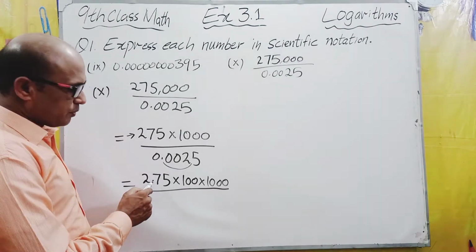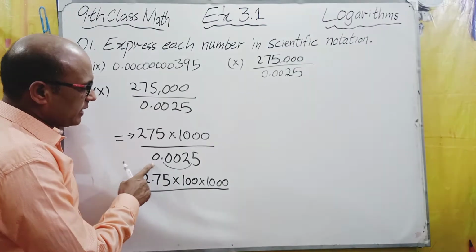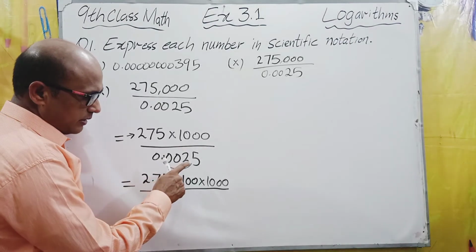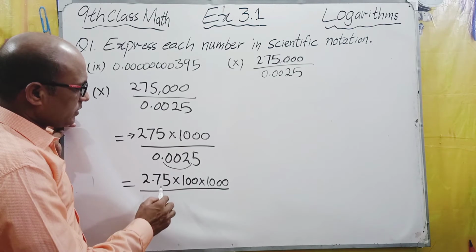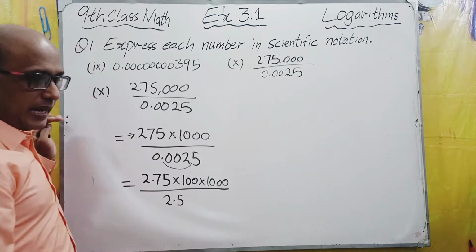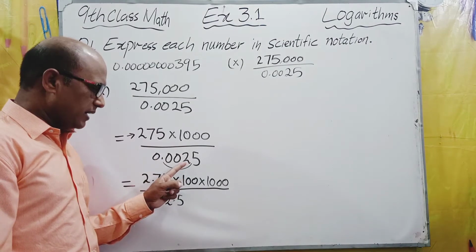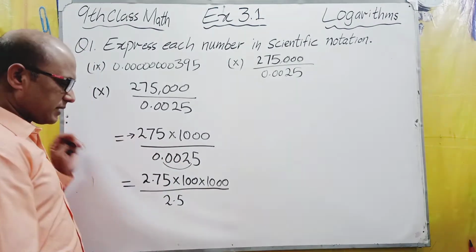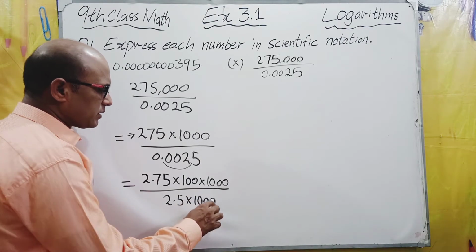After 2 we put this decimal, and in the same way in the denominator we'll shift the decimal right here between 2 and 5. So we'll write 2.5 and check how many places we moved. There are 1, 2, 3 places. So we have shifted 3 places, and we'll multiply it by 1000.